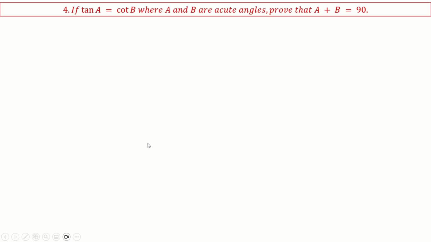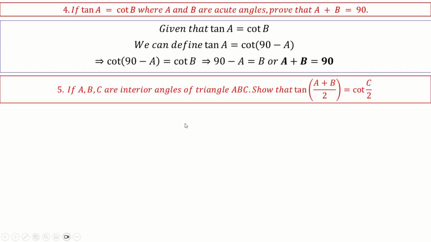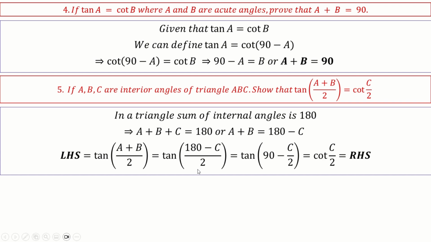Next. Tan A equals cot B, where A and B are acute angles, prove this one. This exact same one was there in the examples, so very easy. You can check it yourself. A, B, C are interior angles of triangle ABC, show that... this exact problem was also there in the examples. We solved it for sine and cosec instead of tan and cot, so you can check this.